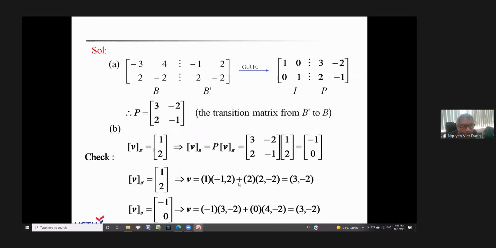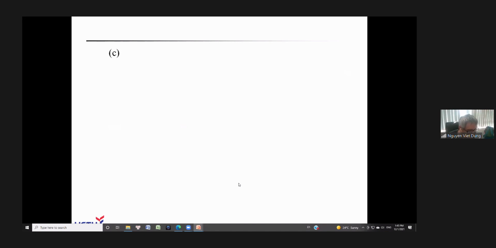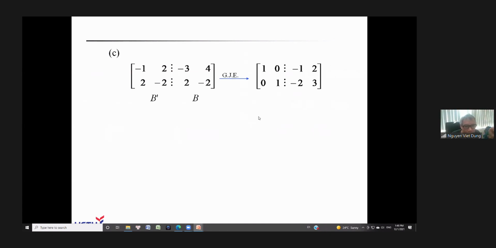However, for the last one, that is part C, once again we change the roles of B and B prime. Instead of writing B here and B prime here, we switch them: B prime now on the left and B on the right. Then once again, apply Gauss-Jordan elimination.